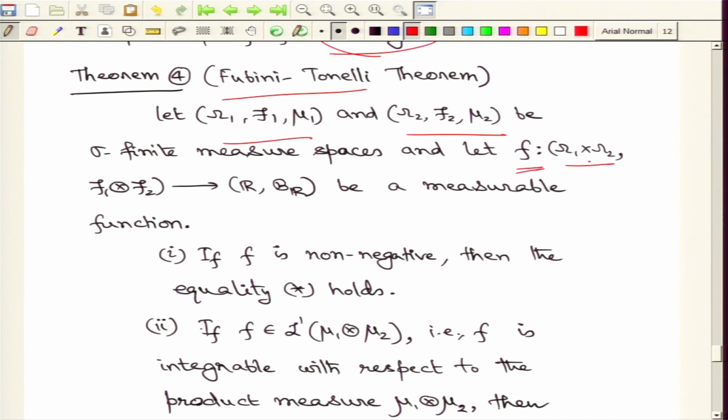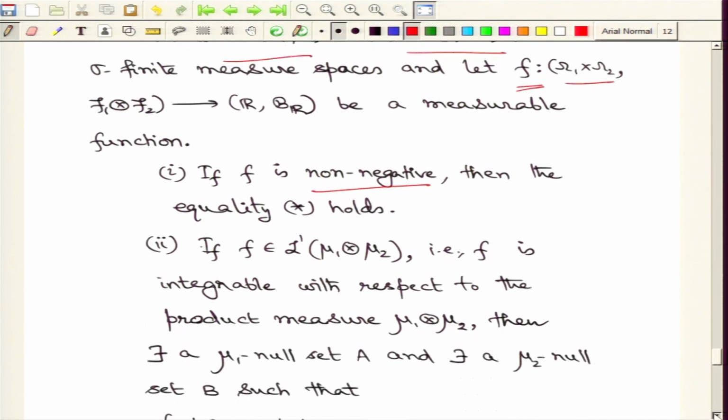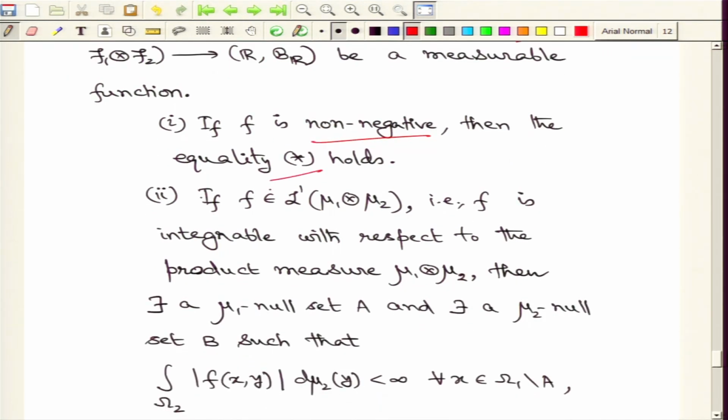Now, if this is a measurable function, then the first case is the non-negative case. Here what we have already discussed is that the equality star holds. So, let us just recall what this equality was all about: the integral of the function f with respect to the product measure, which is on the product set omega 1 cross omega 2, can be performed using iterated integrals.